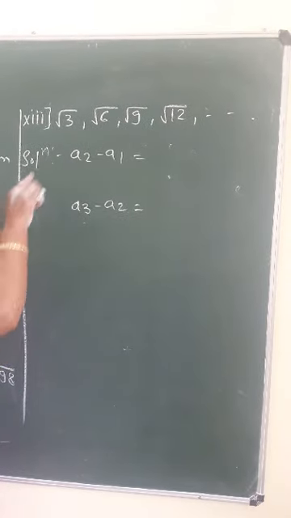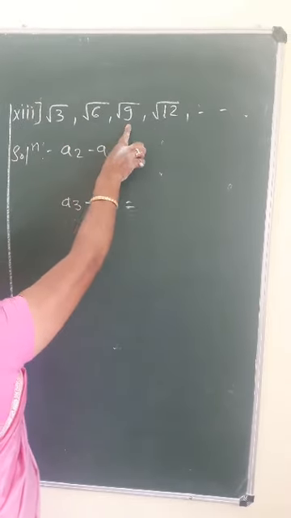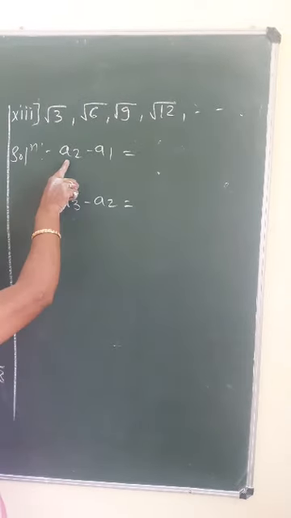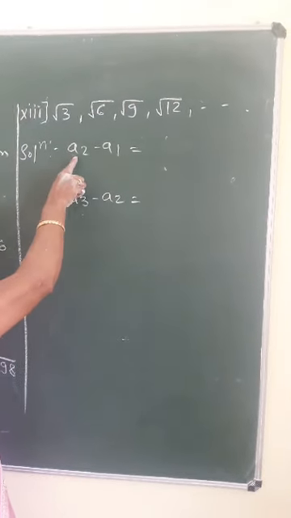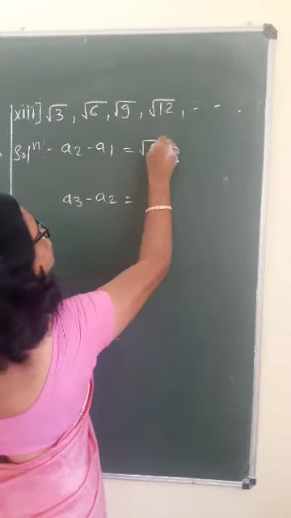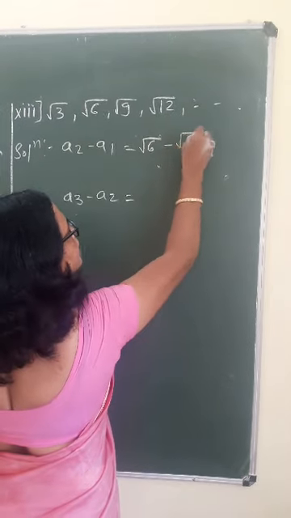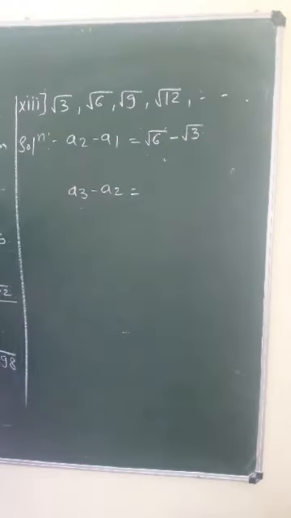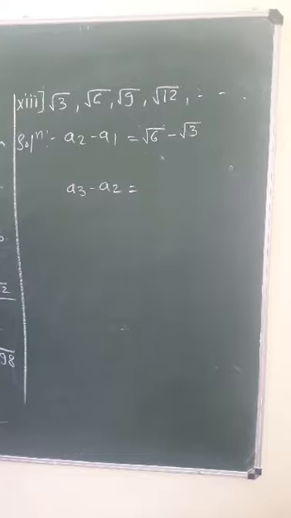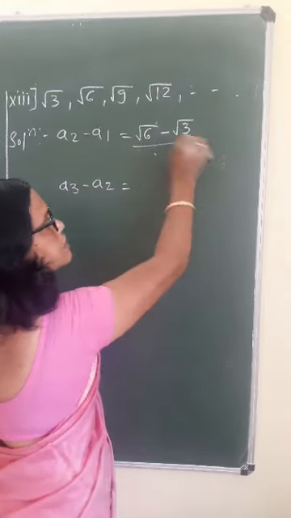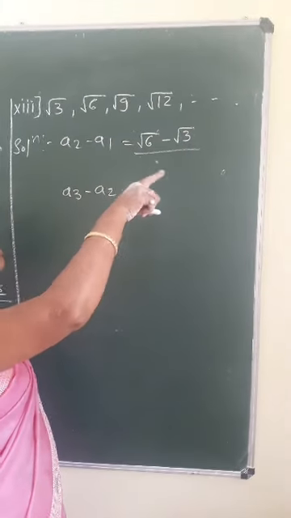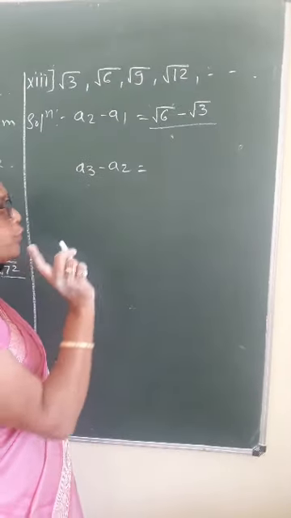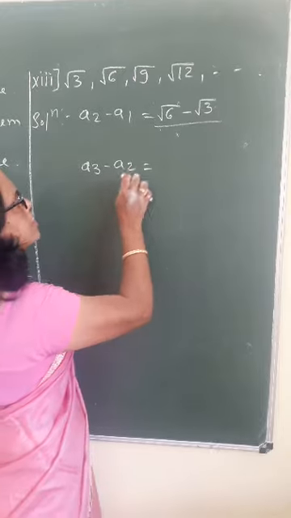Next, 13th problem: root 3, root 6, root 9, root 12. Here again we have to check whether the given list of numbers forms an AP or not. A2 minus A1, A2 is root 6 and A1 is root 3. Is it possible to simplify root 6 minus root 3? No. Means here we have to keep it as it is. We can't do that, root 6 minus root 3 means root 3, if you are thinking that. Okay. Then A3 minus A2.